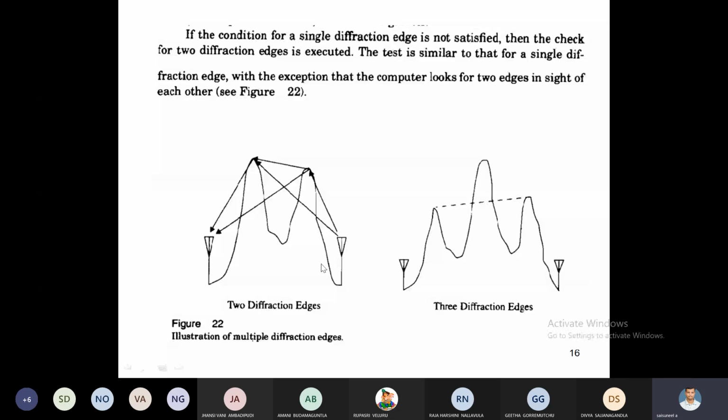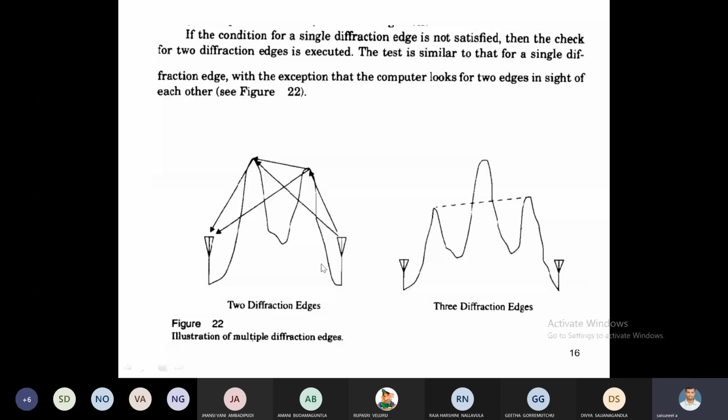See this path: transmitter to first obstacle, then second obstacle, reach to receiver. Next is from transmitter directly to the second obstacle, from the second obstacle to receiver. Next combination is from transmitter to first obstacle to receiver. Different combinations are there. From all combinations we are calculating attenuation.